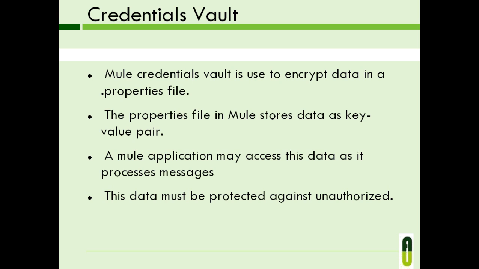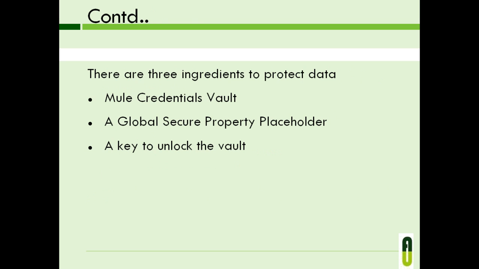Data must be protected against unauthorized and potential malicious access. We can protect the data in a properties file using these three ingredients: Mule credential vault, a global secure property placeholder, a key to unlock the vault. Now first variation is a simple one-to-one secure relationship.